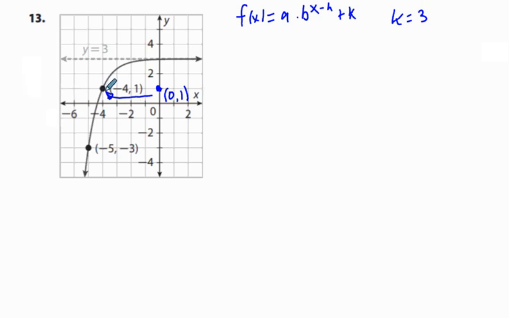And this reference point being negative 4, h is going to have to be negative 4, because if we have x minus negative 4, that's how we get x plus 4. So what we're going to have is f of x equals a times b to the power of x plus 4, plus 3.